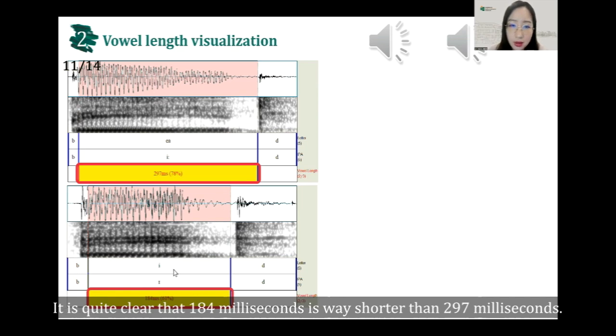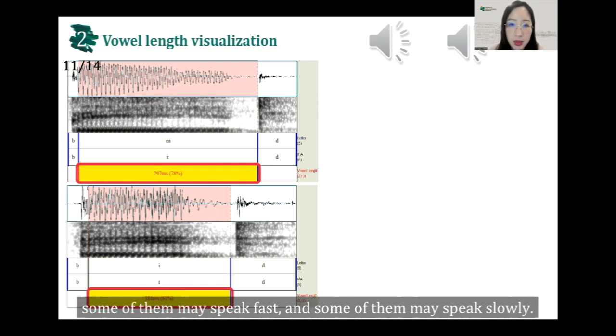It is quite clear that 184 milliseconds is way shorter than 297 milliseconds. But because we use speech data produced by different speakers, some of them may speak fast and some of them may speak slowly.